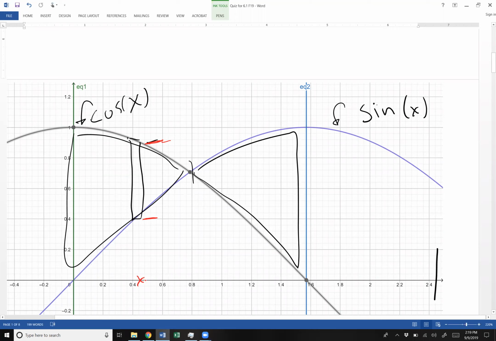When I plug that x value into cosine, it gives me out a number, and that number is this height right there. That's the cosine height for that x. When I plug the x into sine, it gives me this height right there. That height is sine of x for that x. So what is this distance here? The difference between those two. If I take the cosine minus the sine, then I should end up with that height that I want. And that same strategy works for any rectangles along here.